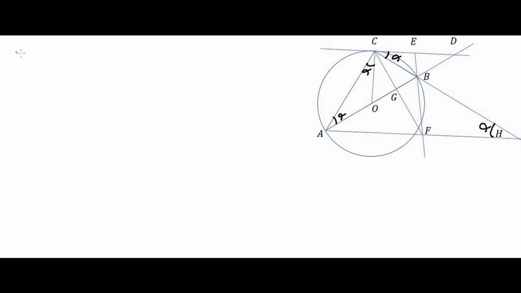The first pair of similar triangles we're going to examine is triangle CBD and triangle HBA. It is pretty simple to show that they're similar triangles because angle BCD equals angle BHA equals alpha, and angle CBD equals angle HBA as they are vertical angles.